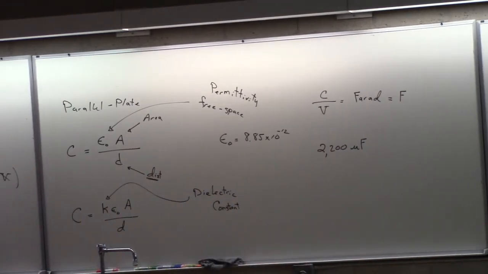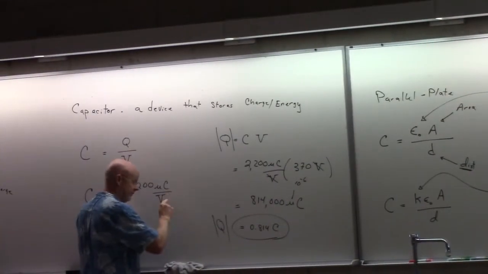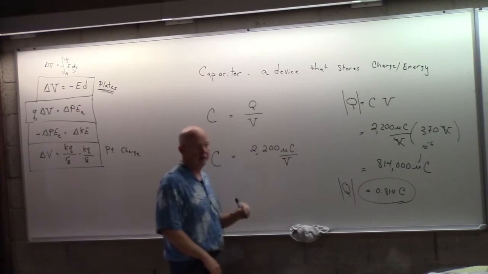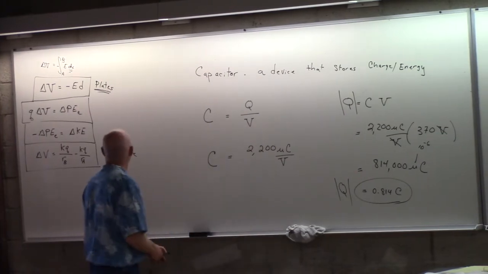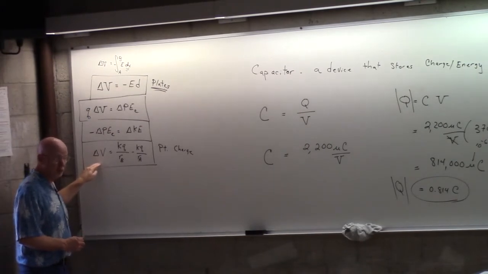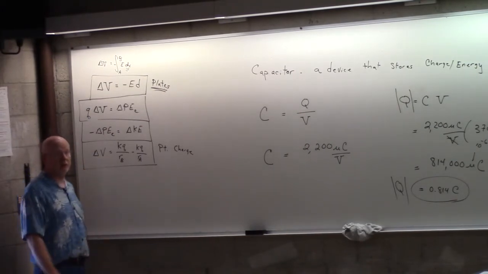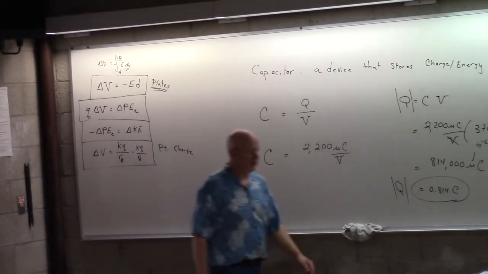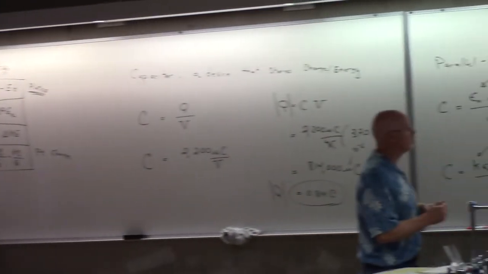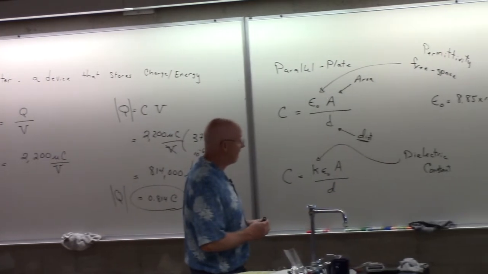And so keep in mind then that a coulomb per volt is a farad. Just like we learned a little while ago, a joule per coulomb is a volt. And so those are our units in honor of, like I said, those great scientists working in that field.